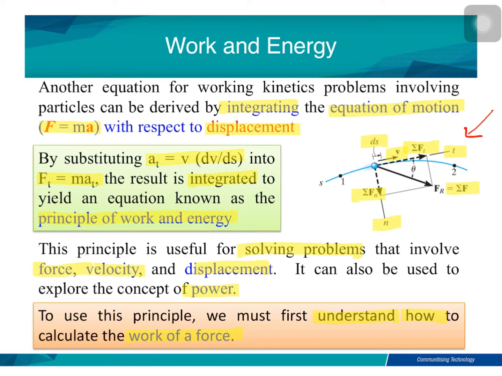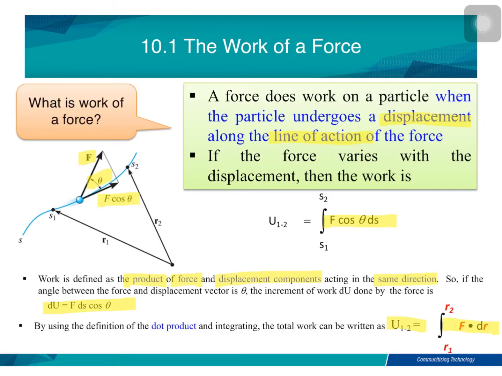Before that, in order to use this principle, we must first understand how to calculate the work of a force. Number one, what is the work of a force? You may see this figure: a force does work on a particle when the particle undergoes a displacement along the line of action.